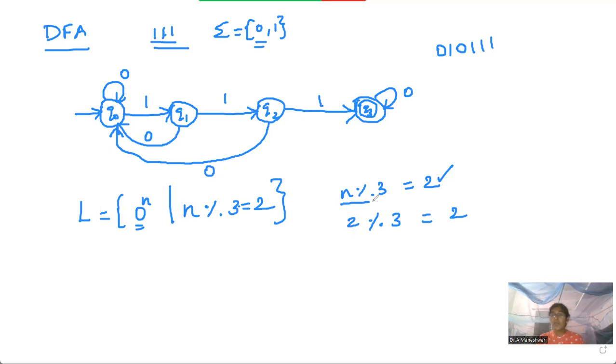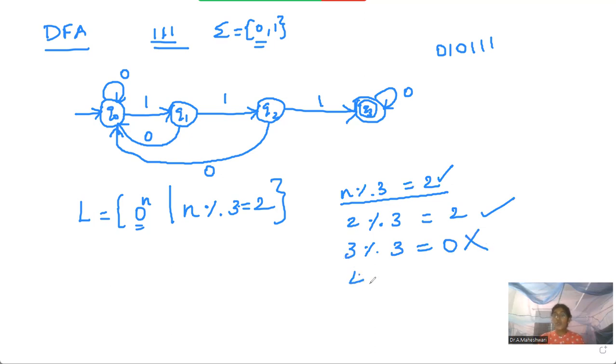So here I'm considering my n value as 2, and my output is also 2. This is satisfied. Another one, I'll consider 3 mod 3, but the value is equal to 0, right? What is the output we need? 2. So we cannot take n as 3.